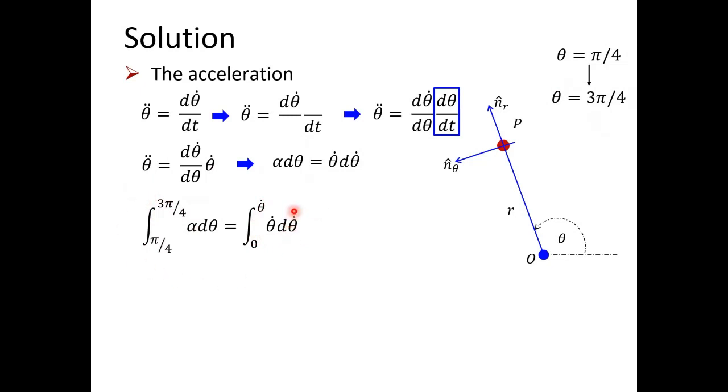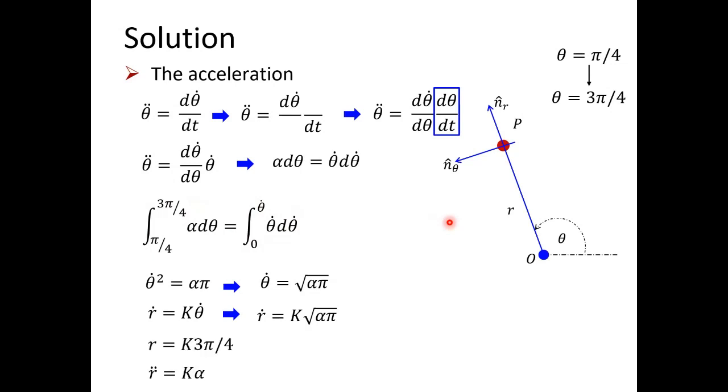If you integrate this and substitute limits, you will get theta dot squared equals alpha pi. Accordingly, theta dot is the square root of alpha pi. Once you find it, you can find r dot also, because r dot equals k theta dot, as we found earlier. Accordingly, r dot will be k times the square root of alpha pi.